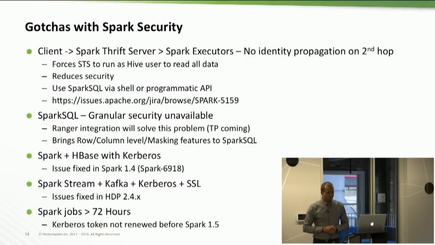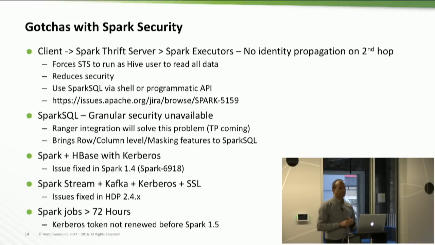So what are some of the gotchas, or some of the things we have found that have tripped up a lot of people or that we know are active issues? One example is if you're using Spark SQL, a lot of times people access Spark SQL using the Spark thrift server.